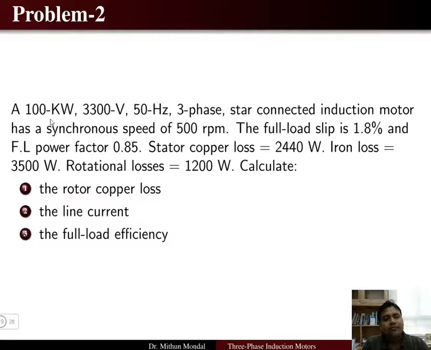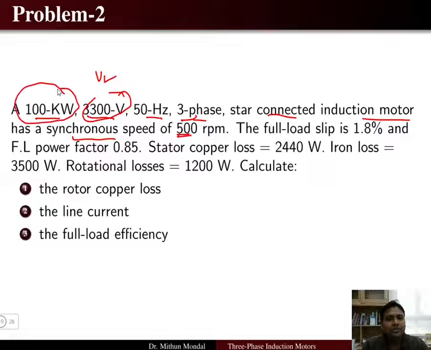In the second problem you have a 100 kilowatt, 3300 volt, 50 hertz, 3 phase star connected induction motor whose synchronous speed is given to be 1500 rpm. Here one thing we have to observe is that whatever the voltage is given for a three-phase system, this is the line voltage, and the power that is given is the total three-phase power given to the load.